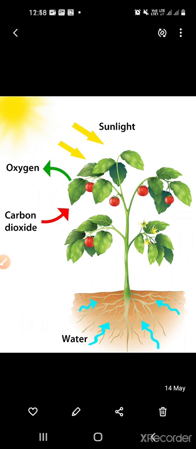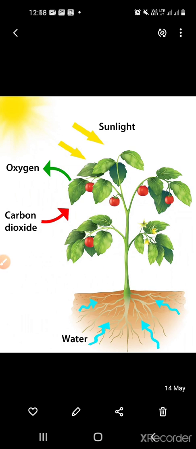It's clearly a plant, and it has many parts like fruits, leaf, stem, root, bud, branches. So lots of parts. The function of the leaf is to prepare food for the plant.